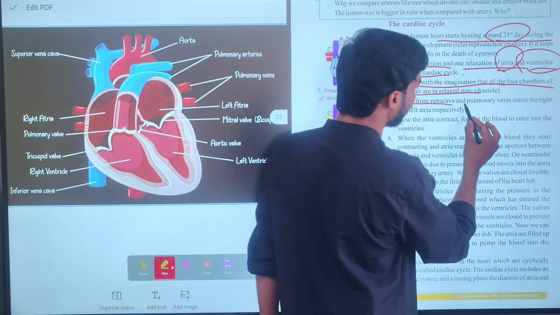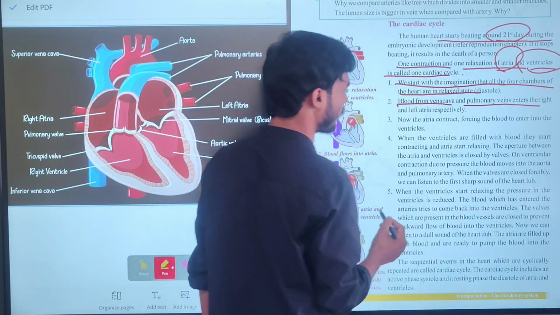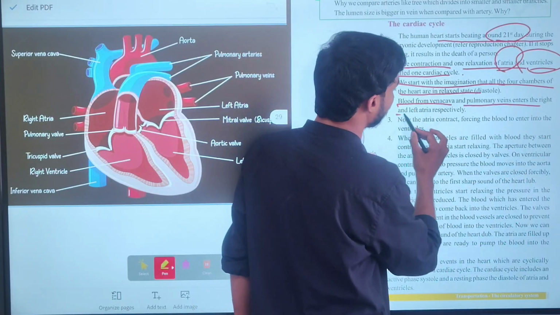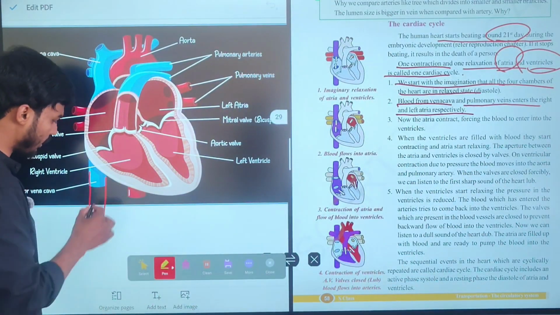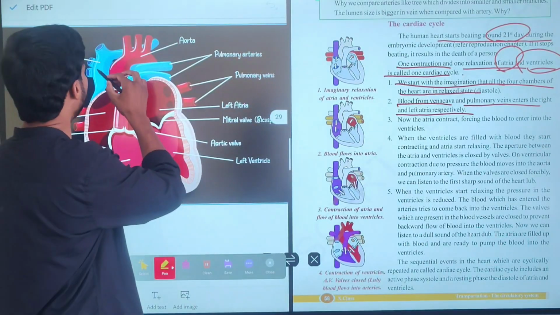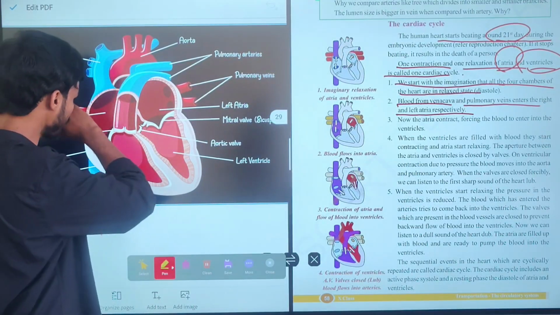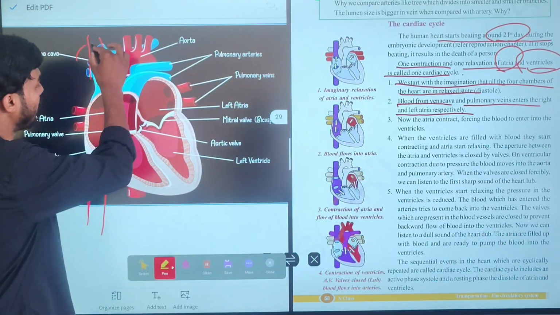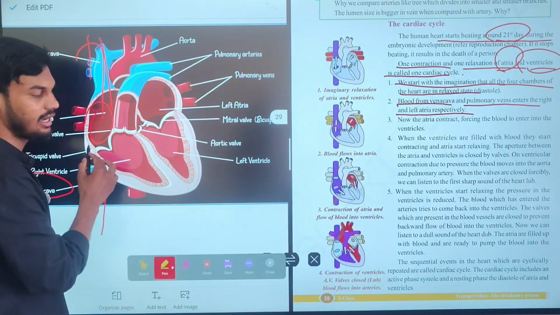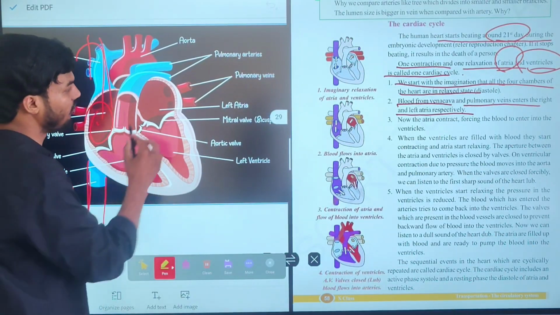Blood from the vena cava and pulmonary veins enters the right and left atria respectively. The blood from the superior vena cava and inferior vena cava is deoxygenated and enters the right atrium.